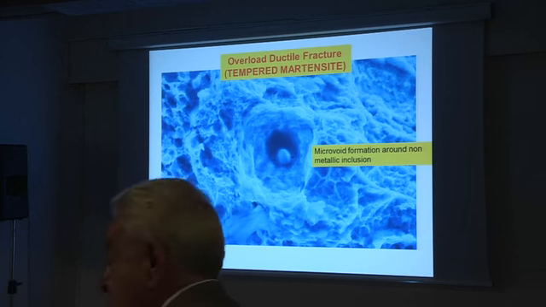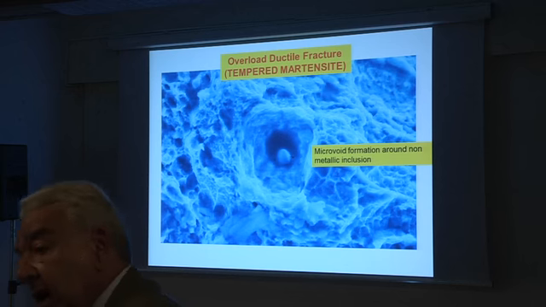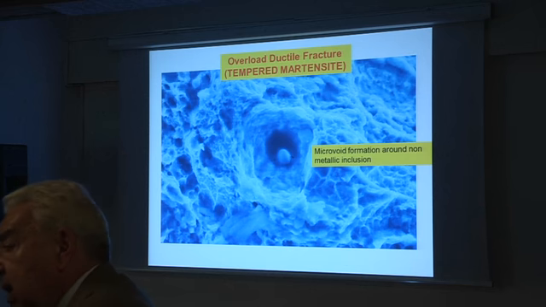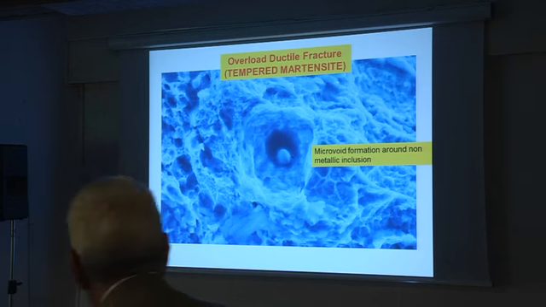This is a similar steel that was quenched and tempered at 550, 600, 650 degrees C. So it was quenched and tempered in the usual proper way. How did it fracture?